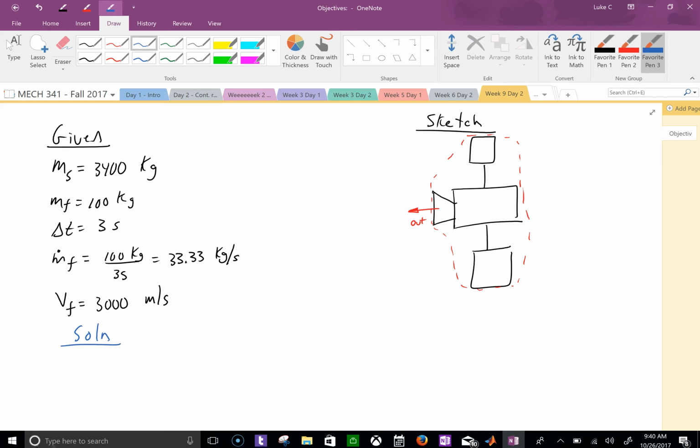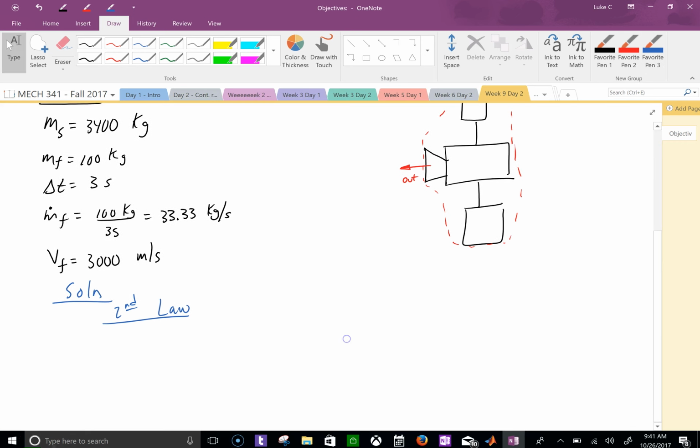Just looking at the assumptions here. So, second law. That's all you have on your diagram? Yep. We defined a control volume and labeled out, and there's no other forces.